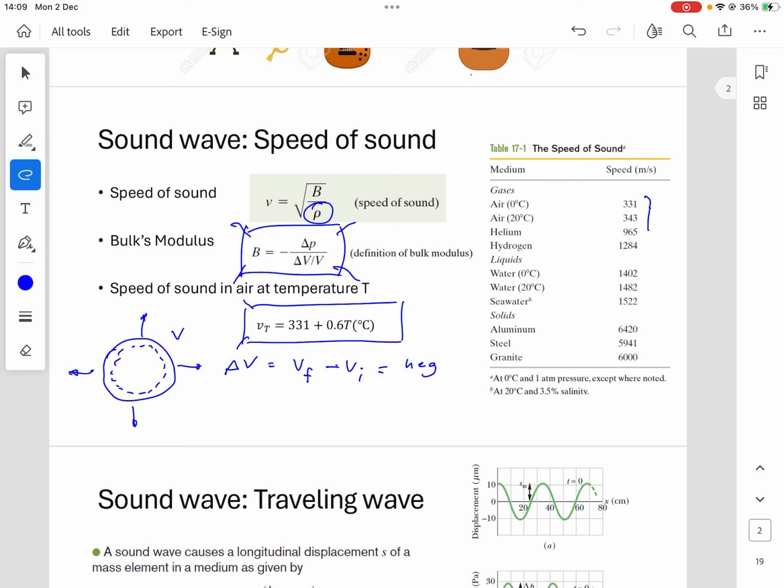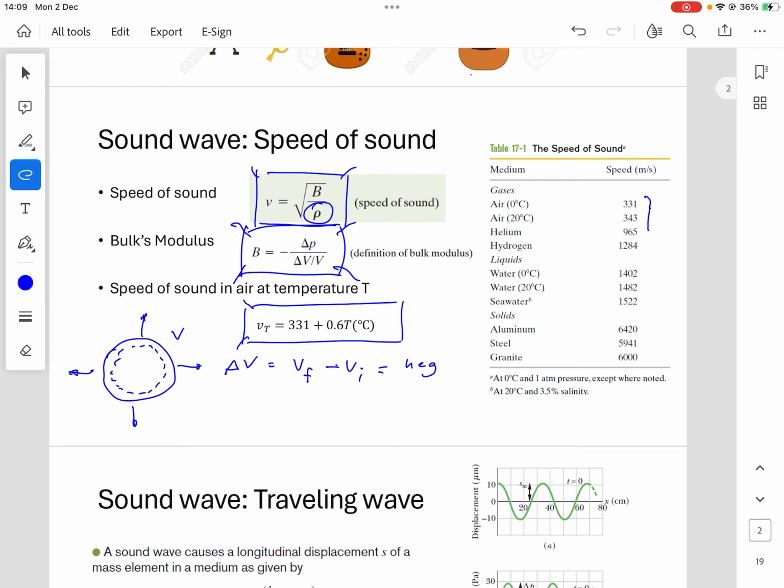Vt, the speed of sound at temperature T, equals 331 plus 0.6 times T. T is the temperature in degrees Celsius. And you see that when temperature goes higher, speed of sound also goes higher. That's because the density becomes less, right? And you can actually see that makes sense from this equation.